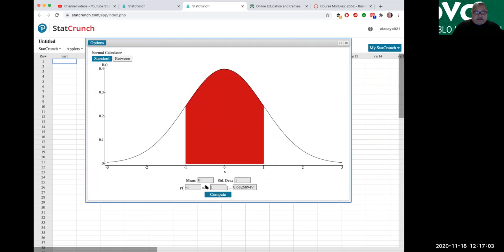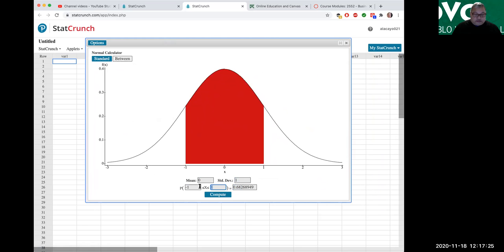Automatically, notice that what we have is what's called a standard normal, which is when the mean of the variable is 0 and the standard deviation is 1 unit. Notice how within 1 standard deviation of the mean, we get about 68% of the entire set of possibilities of the curve.